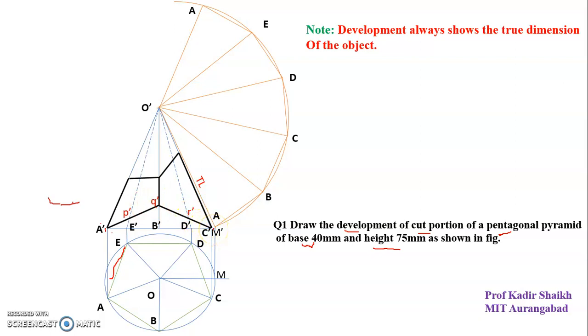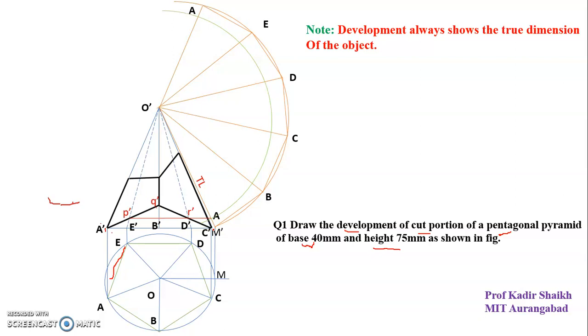Now we'll project all these cutting points in the development. Now project P dash and Q dash on the true length. Now taking the distance from O dash to this projection on the true length, and with O dash as a center, draw one arc. This arc is shown in green color.